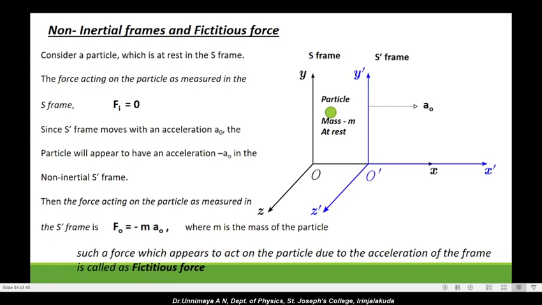Then the force acting on the particle as measured in the S prime frame is Fo.